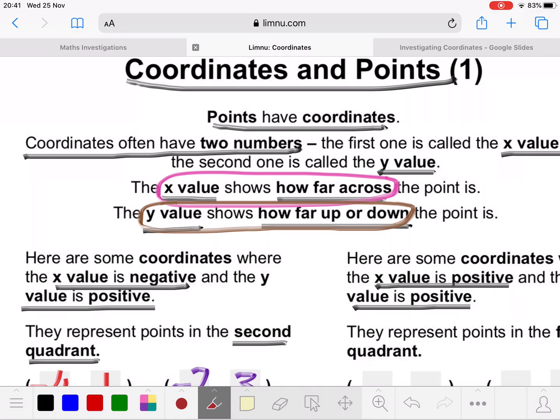For the x value, this way is negative. If I can get it to draw an arrow for me, meant to be pink. There we go. And to the right is positive, and for the y value, up is positive, down is negative.